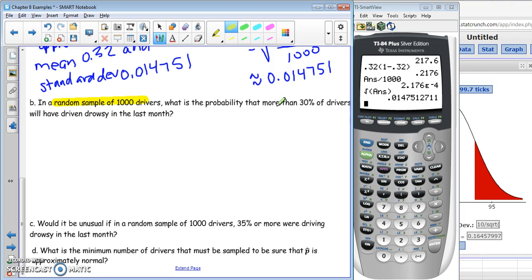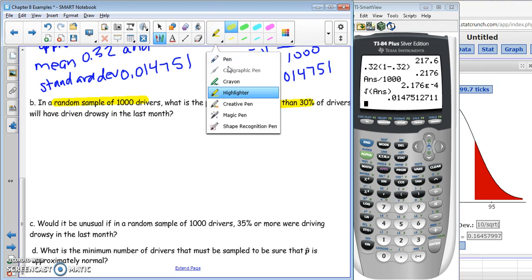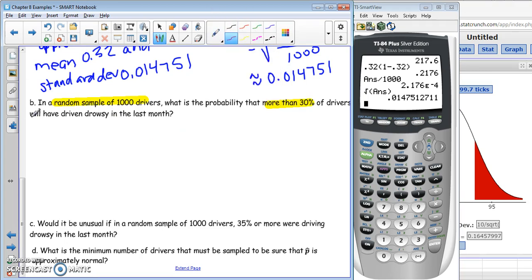We want to know what's the probability that more than 30% have driven drowsy. So we're looking at the probability here that p hat is greater than 0.3.